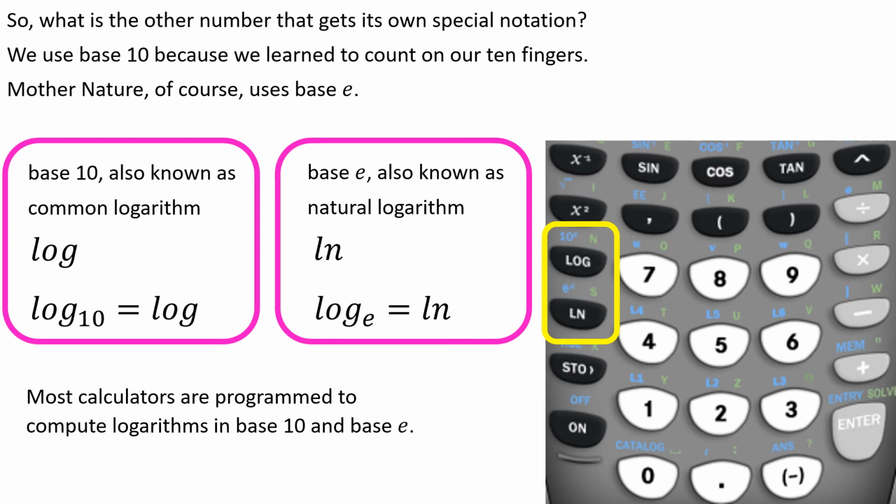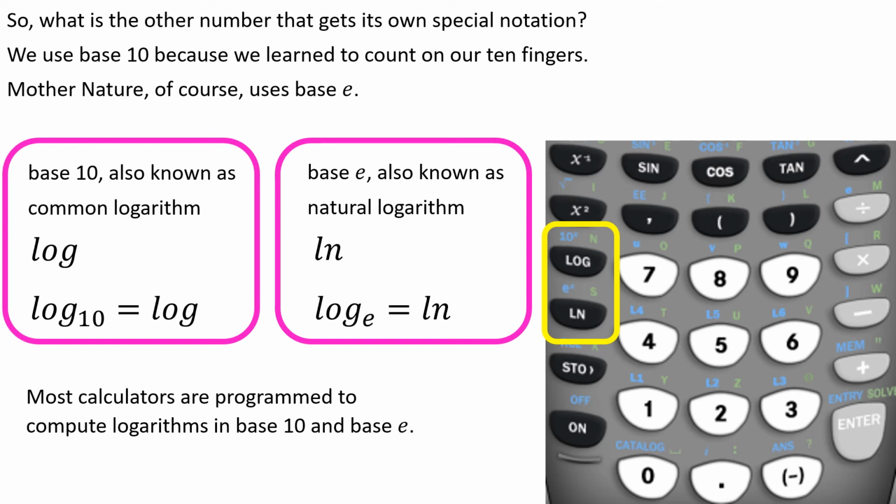If you look at the secondary function on log, it's 10 raised to the x power, right? The base is 10. If you look at the secondary feature on the natural log button, it's e to the x. The base is e. We use these so often in mathematics that, surprise, surprise, they're right there on scientific calculators.